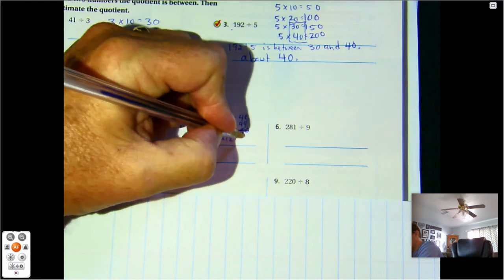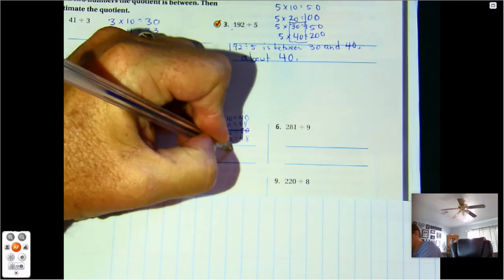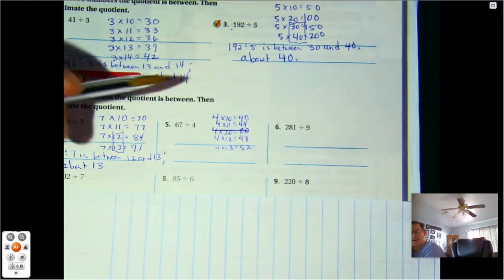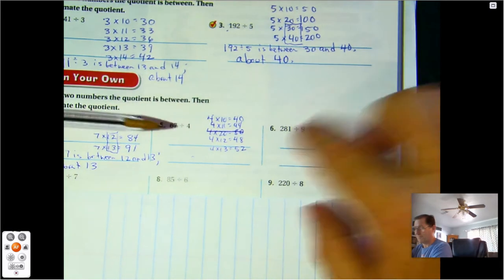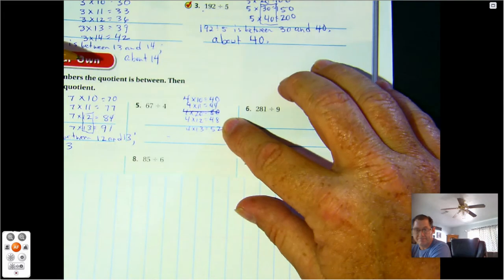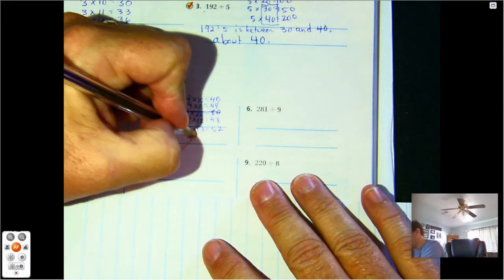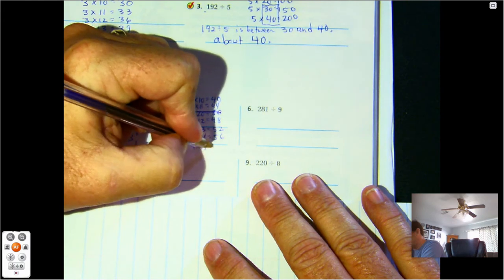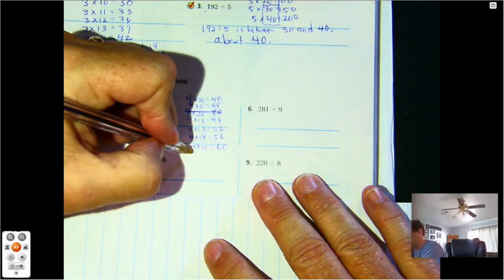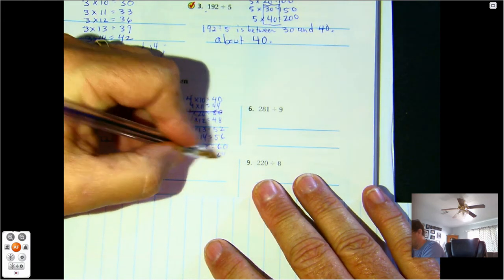4 times 13, 52. And again, I'm not really multiplying 4 times 13 in my head. I'm just counting by 4s from the previous answer. I'm adding 4 each time. 4 times 14, 56. 4 times 15, 60. 4 times 16, 64. 4 times 17, 68.